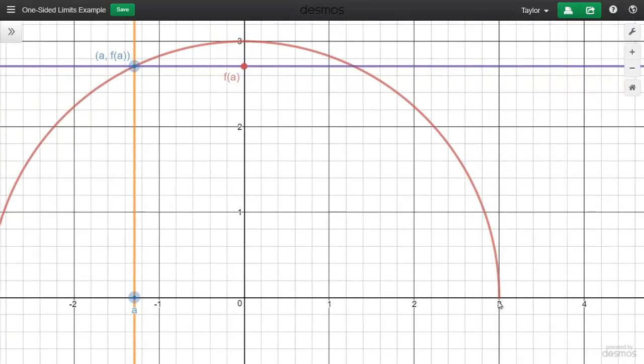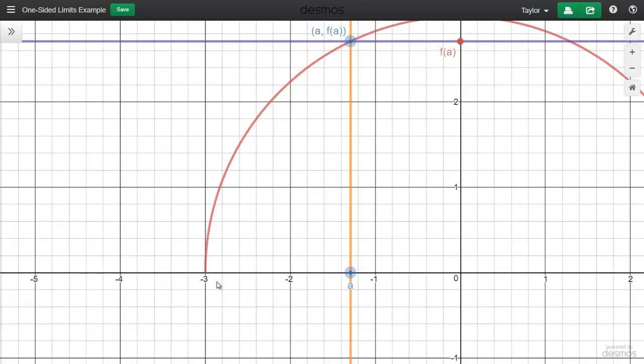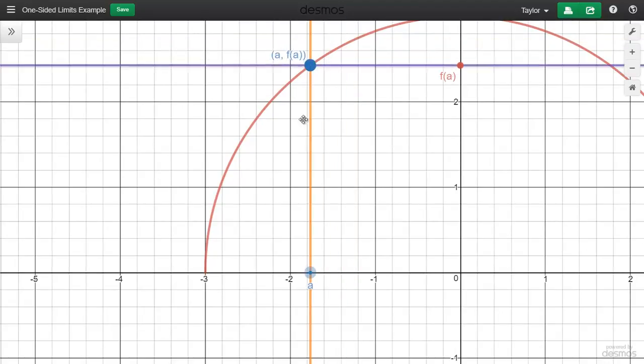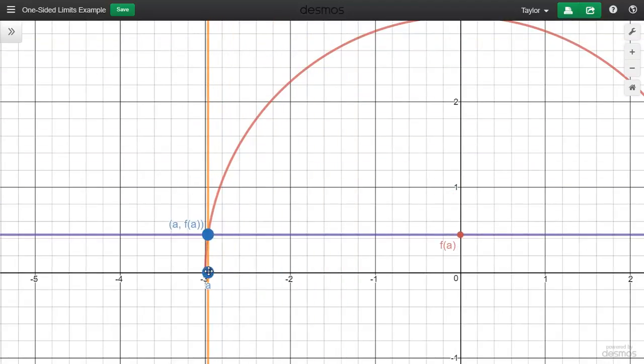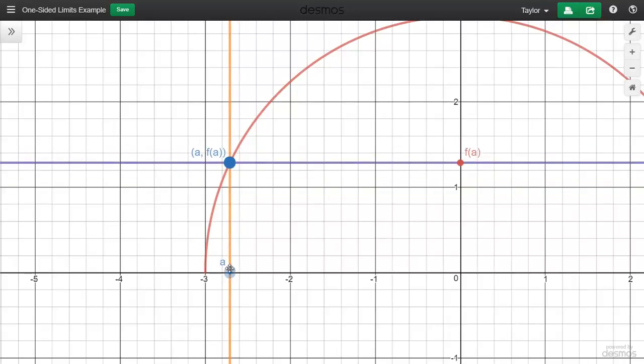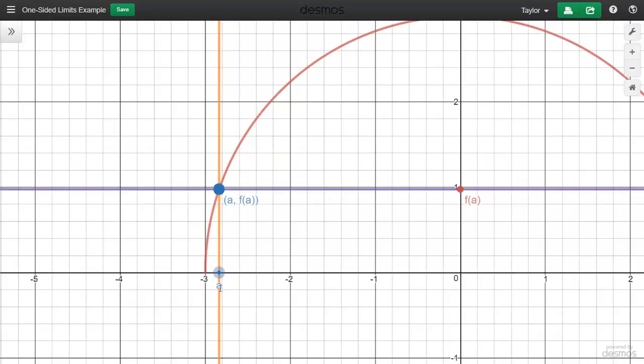Likewise, it makes no sense to talk about a right-hand limit around the point x equals 3, because there is no function over here. Thus, we only talk about a right-hand limit at the left endpoint and only a left-hand limit at the right endpoint.